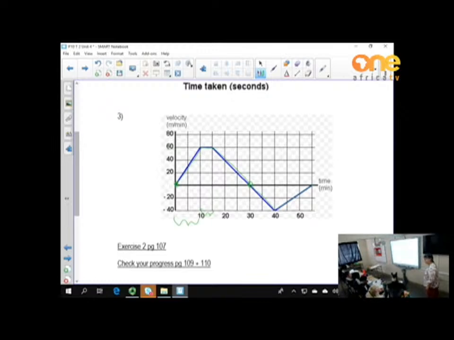All right. Now, because there is the 0. Here we have a negative velocity. What's the difference between a positive velocity and a negative velocity? No. 10 meters per second is 10 meters per second. If I have positive 10 meters per second, he's going forward.